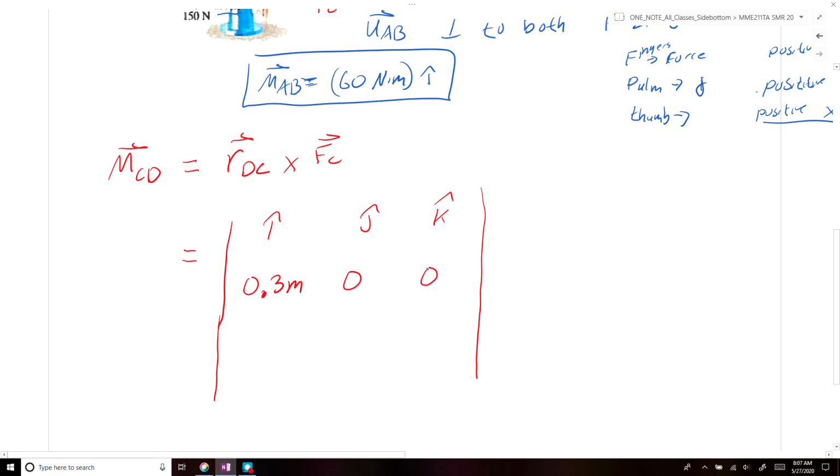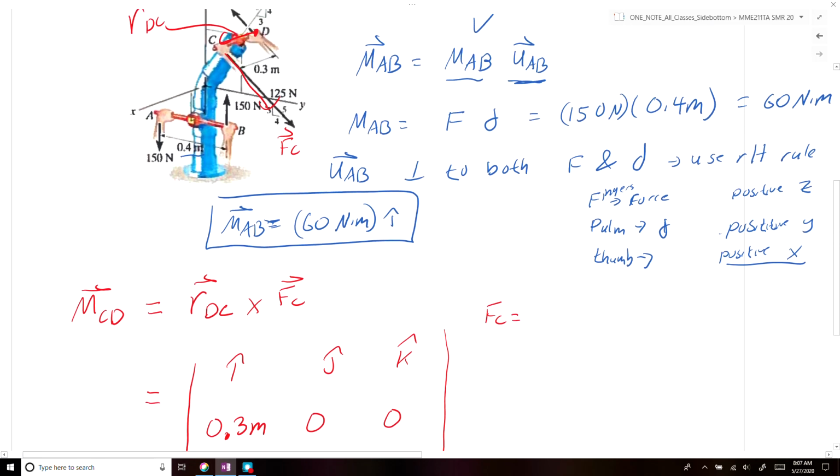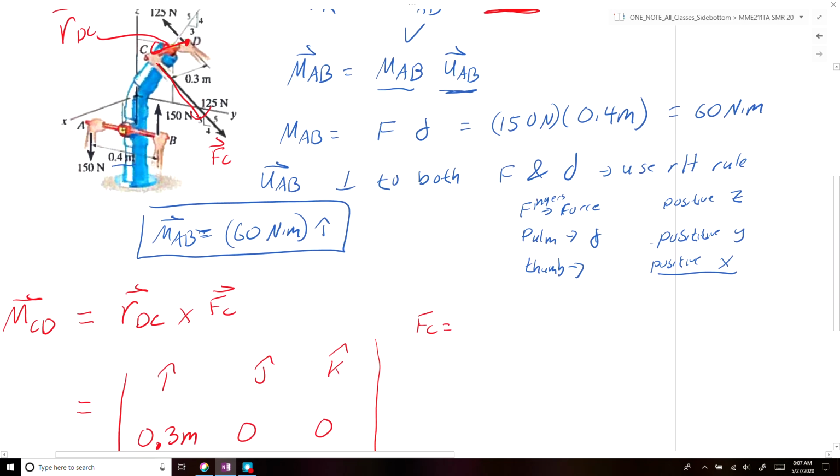And then FC is going to be equal to, based off of the diagram we were given, it's in the YZ plane, so it won't have an X component, so we'll have 0 in the X. 4/5 of it is going along the positive Y-axis, so it'd be 4/5 times 125 newtons times j, plus 3/5 of it is going along the negative Z-axis, so it'll be minus 3/5 times 125 newtons times k.